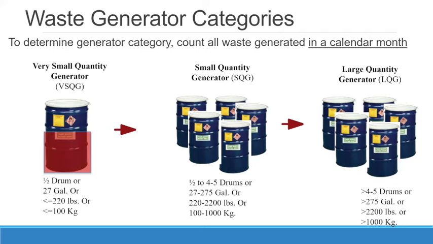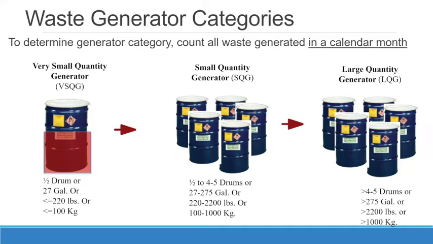Under the very small quantity generator at the very bottom, the regulations start with 100 kilograms, which turns out to be 220 pounds. So if I generate 220 pounds or less per month, I'm considered a very small quantity generator. Again, this is based on a monthly generation requirement.